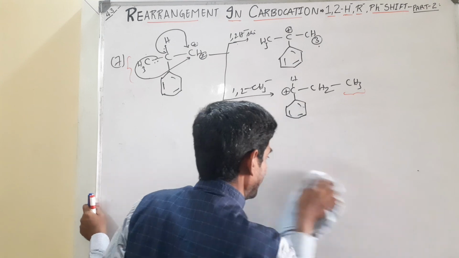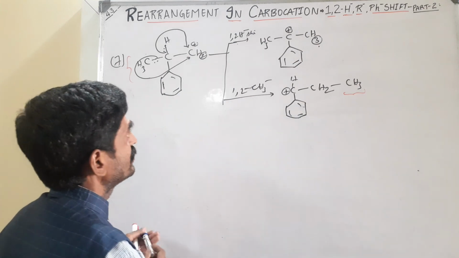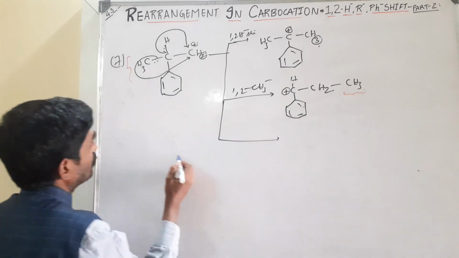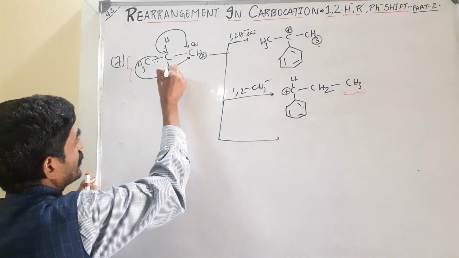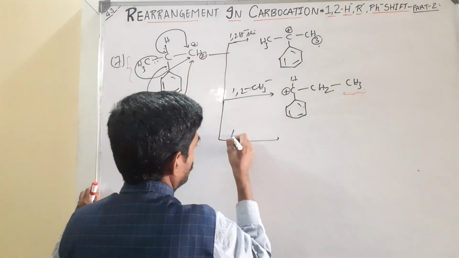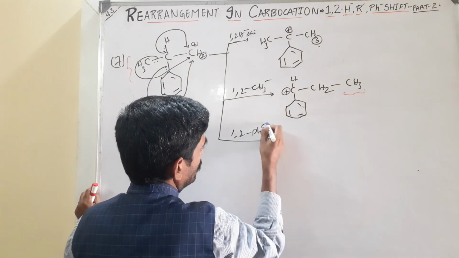The first one is a 1,2 hydride shift. The second one is a 1,2 methyl shift. Then the third one is a phenyl shift. If this phenyl group is shifted, then what will you get? That is a 1,2 phenyl shift.